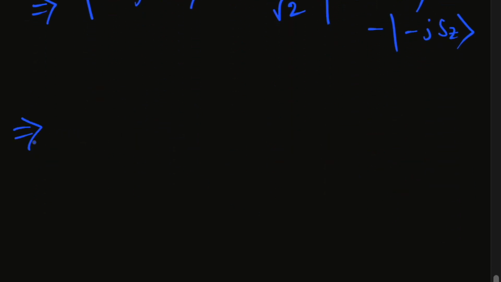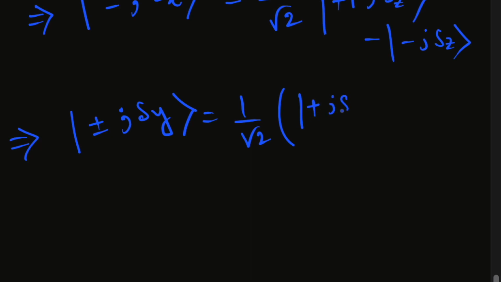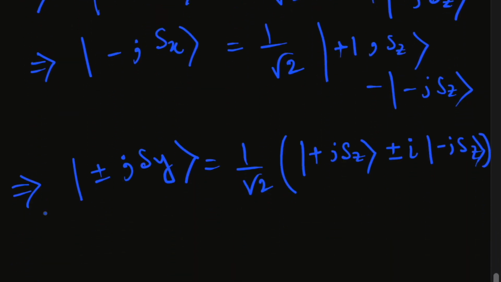Similarly, we can also write the eigenstates of Sy in terms of Sz as follows: plus minus Sy equal to 1 by root 2 (plus Sz plus minus i minus Sz). So that is that.